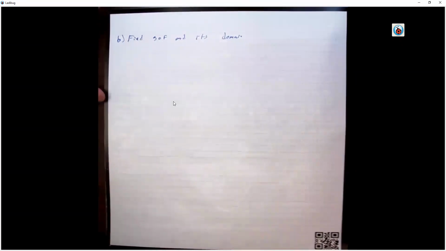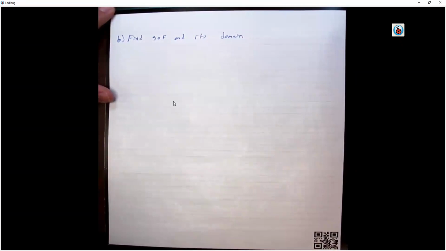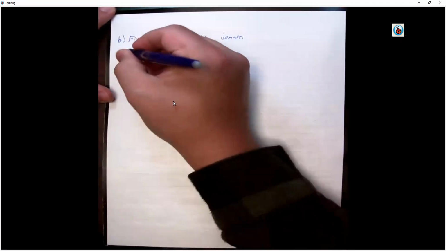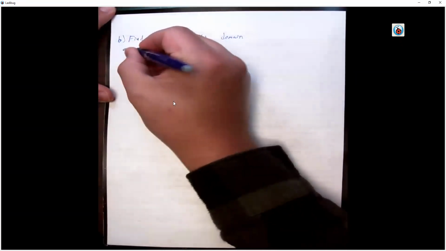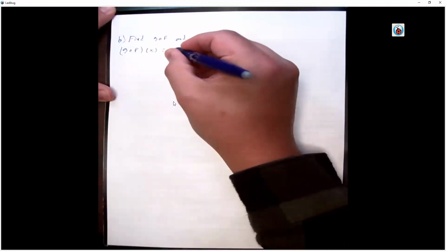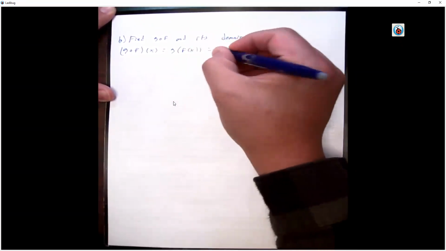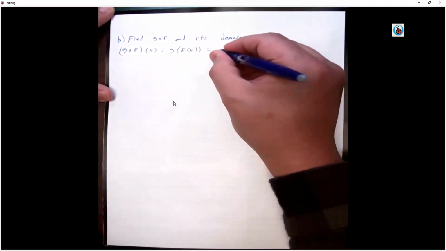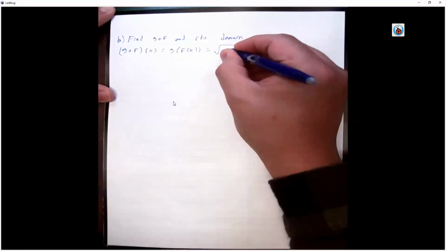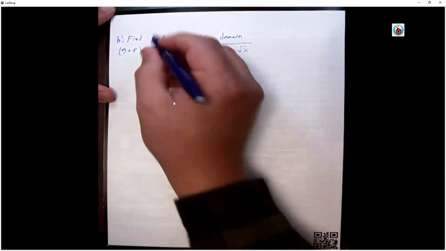So that means plug in the f, which means we're plugging in root x into this one, right? I'm going to write up here what f is in just a second.